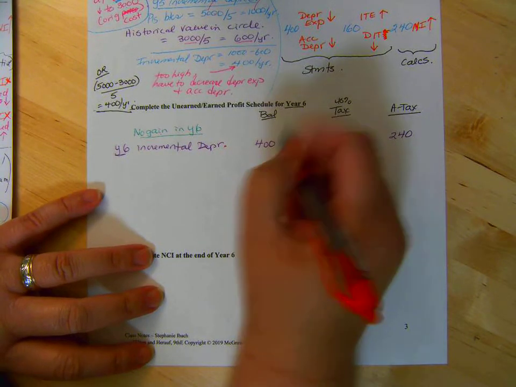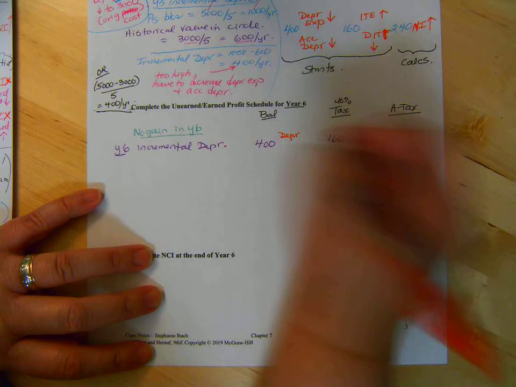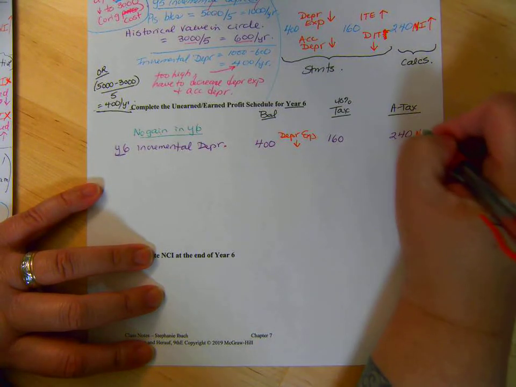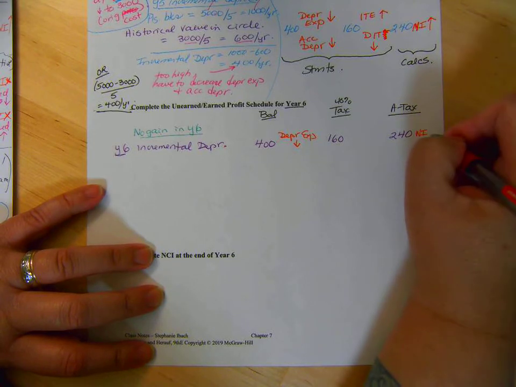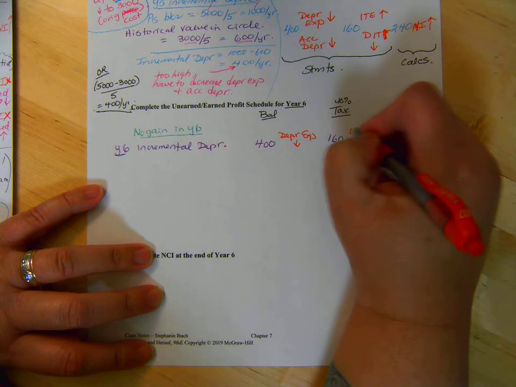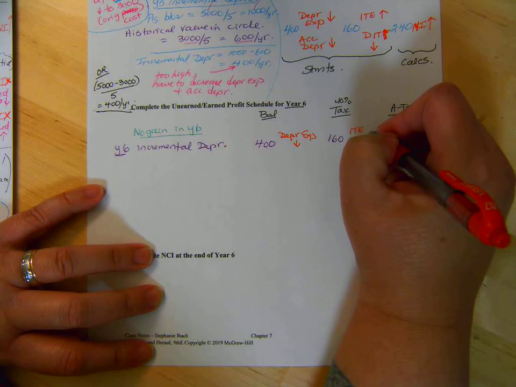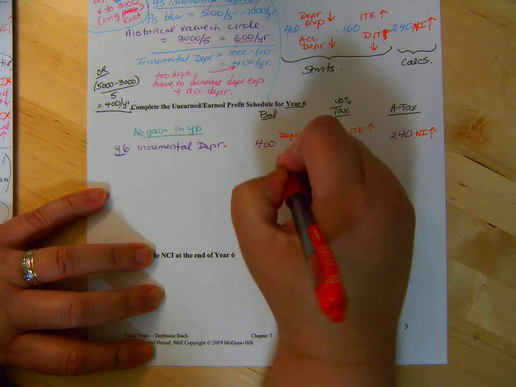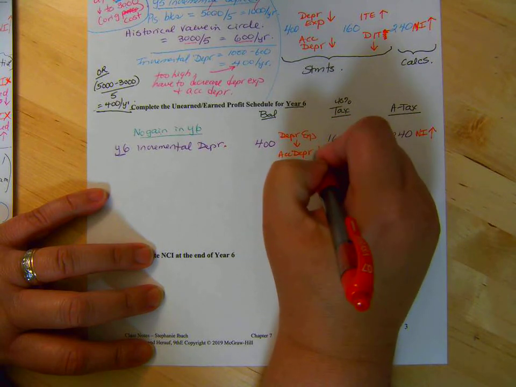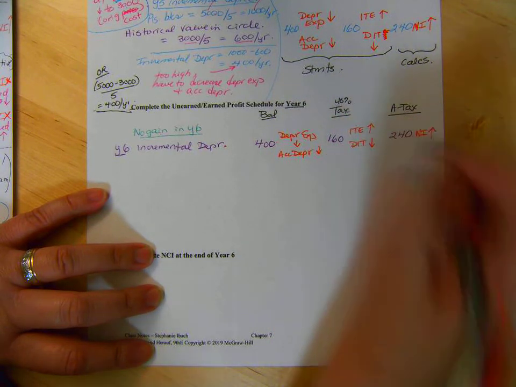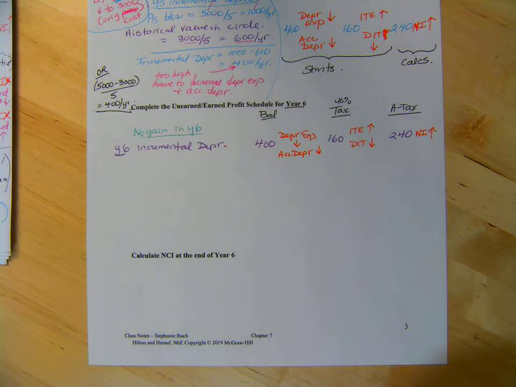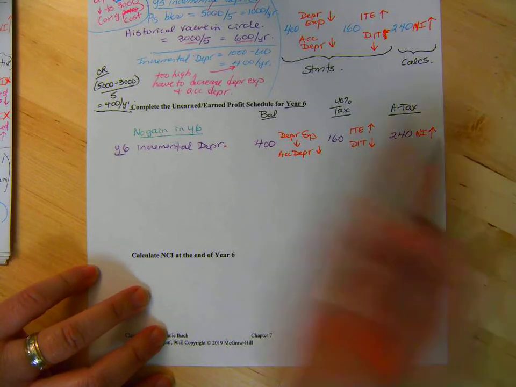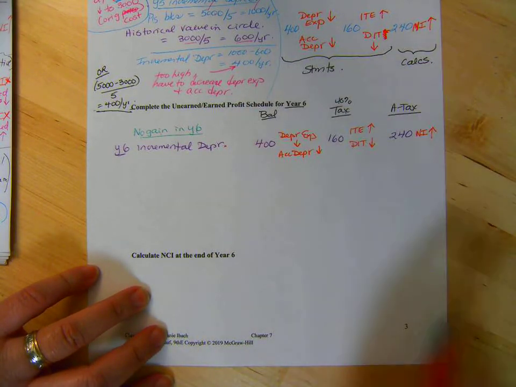So we're going to make depreciation expense go down, which makes net income go up, which means ITE goes up. Accumulated depreciation goes down, DIT goes down. So hopefully that's what you did. You're doing the exact same thing as over there.